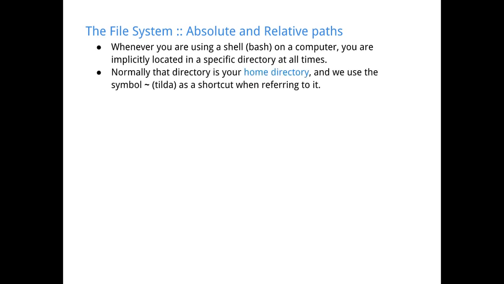We use a little tilde sign to signify that, but essentially it's a shortcut for start at the root, then go to home, then go to your username, and that is your home directory. Instead of typing that out every time, we use this tilde shortcut. When you write programs, you no longer have to know the username, because whoever is executing the script, the home folder will always direct to their home folder, and you don't have to pre-code or somehow fetch this information indirectly.